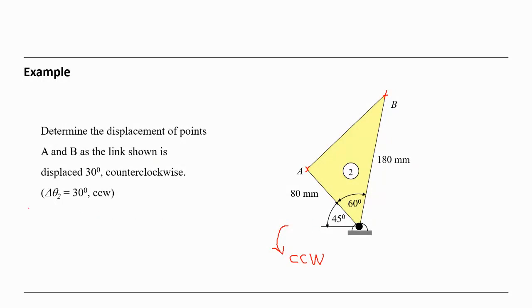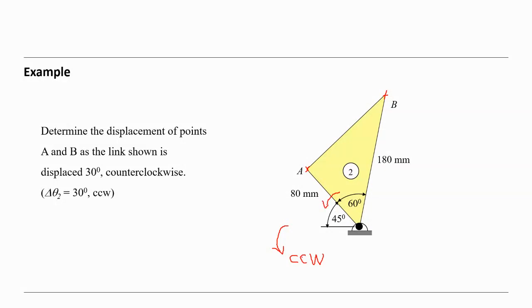And for that, delta theta must be 30 degrees, delta theta 2. And this 30 degrees means counterclockwise, in that direction here.